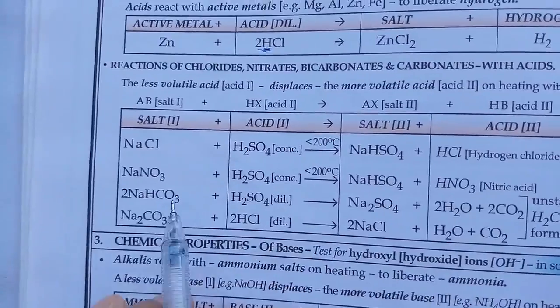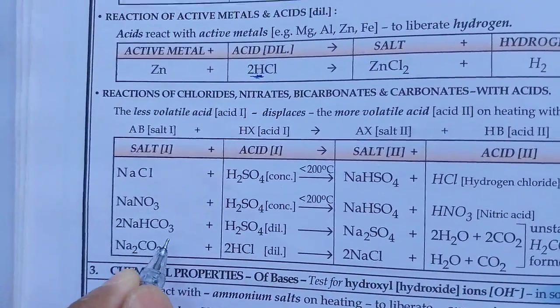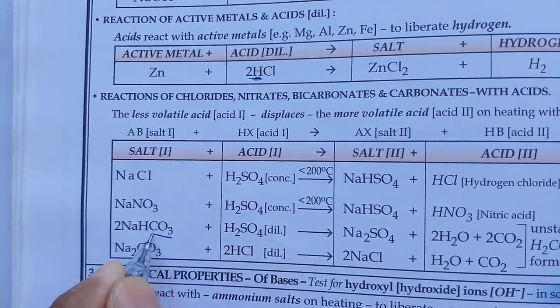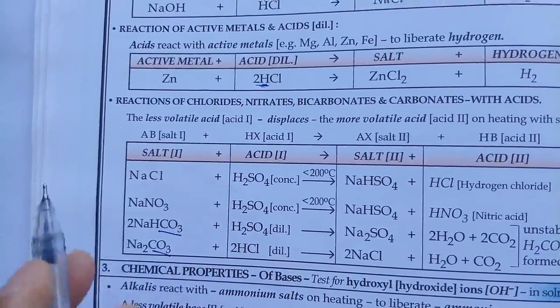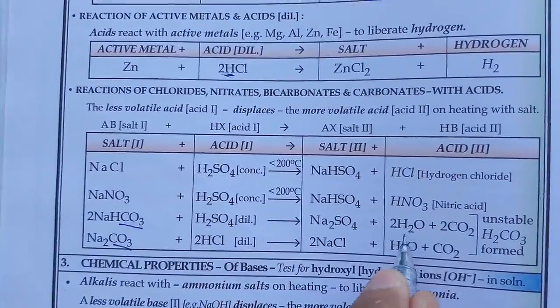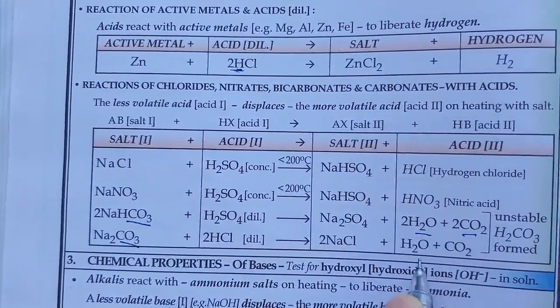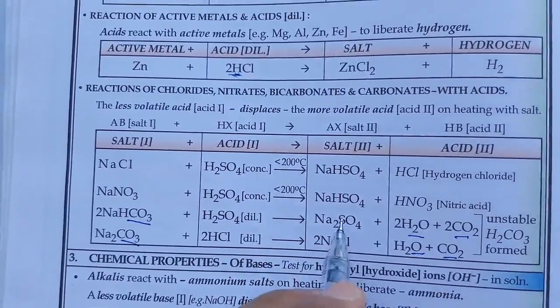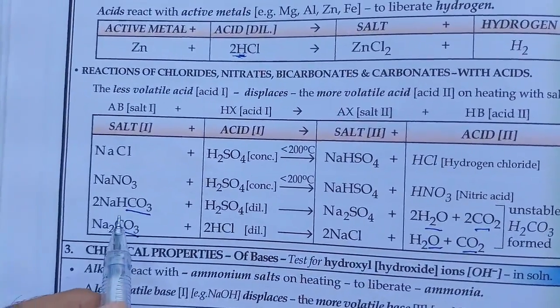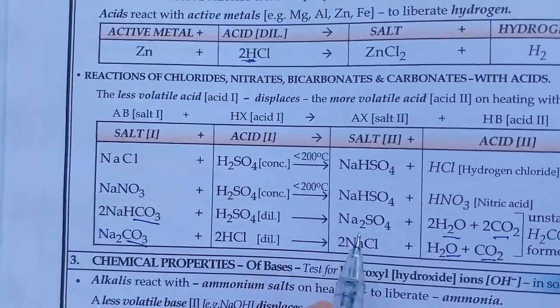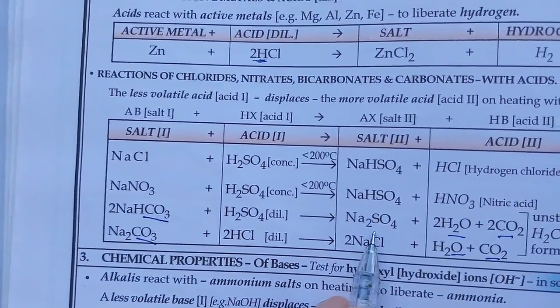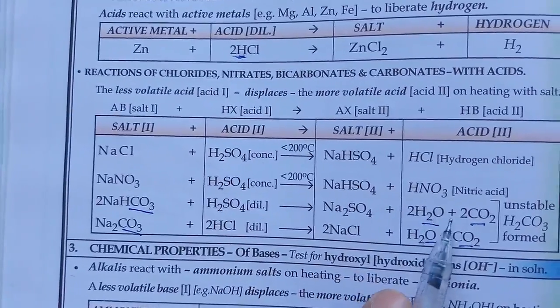If you go further down, now it says this is carbonate. This you have to keep in mind when you come across carbonate. It gives you the byproducts water and carbon dioxide. So sodium bicarbonate with sulfuric acid gives you sodium sulfate, and gives you water and carbon dioxide.